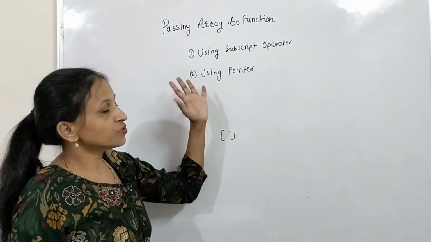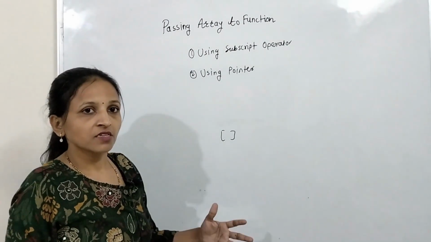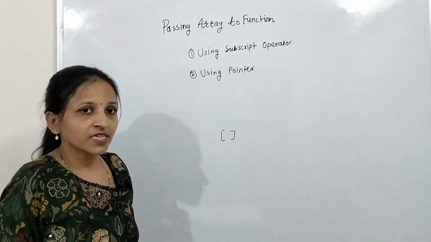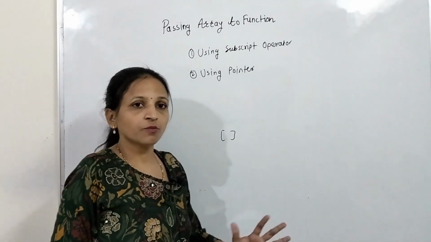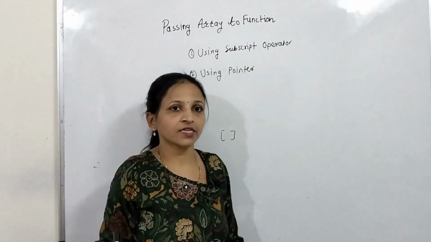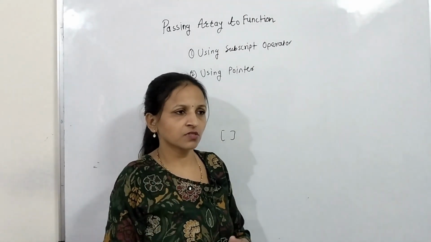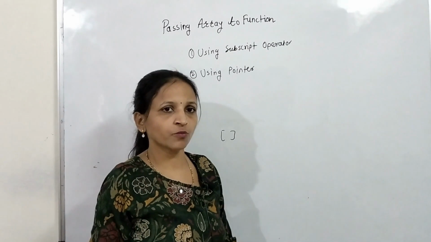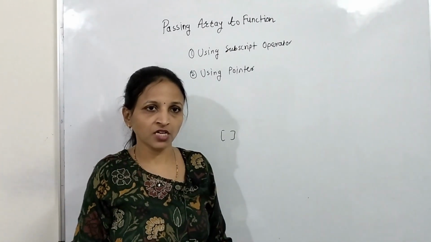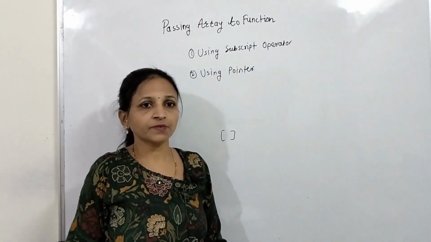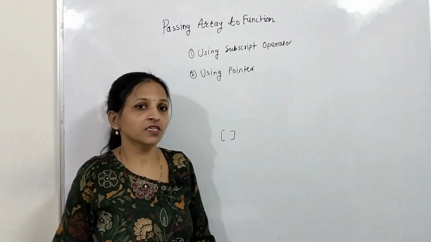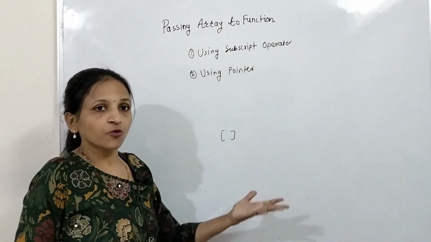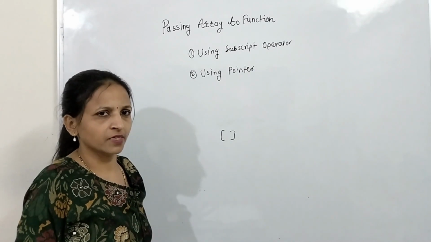And the second way is using a pointer also. We know that the array name itself holds its base address, and we have learned about pointer arithmetic in the pointer lesson. Using those two concepts, pointer arithmetic and functions, we can combine them to do this task using a pointer. How to do that? I am going to explain here.